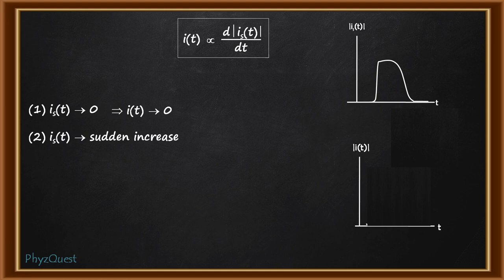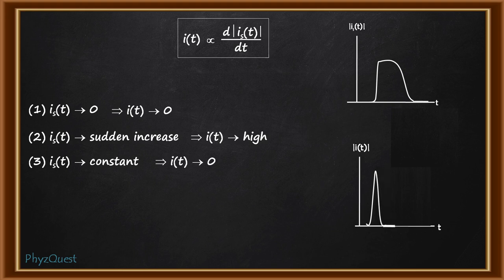When I_s suddenly increases, its rate of change will be higher, so I(t) will be higher. There will be a sudden rise in I(t). Next, after reaching a certain point, I_s becomes constant. Once it reaches a constant value, its rate of change will be 0. Therefore I(t) will suddenly drop and become 0, and this 0 value will continue as long as I_s is constant.